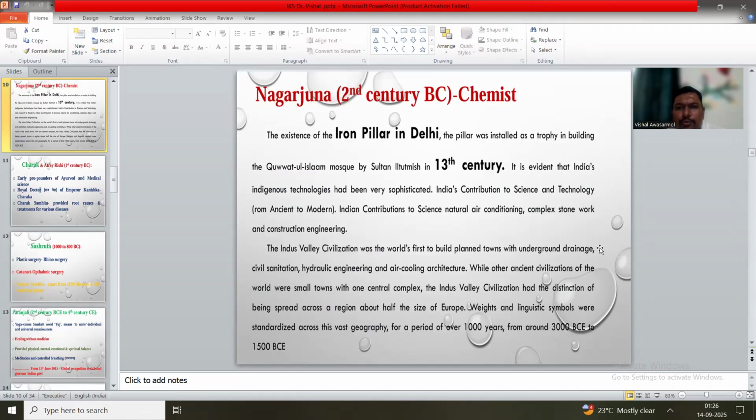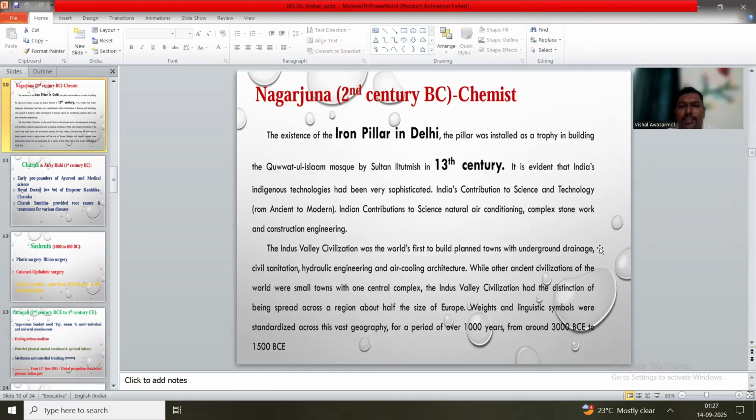India's contribution to science and technology from ancient to modern era. Indian contribution to science: natural air conditioning, complex stone work, and construction engineering. The Indus Valley civilization was the world's first to build planned towns with underground drainage, civil sanitation, hydraulic engineering, and air cooling architecture.